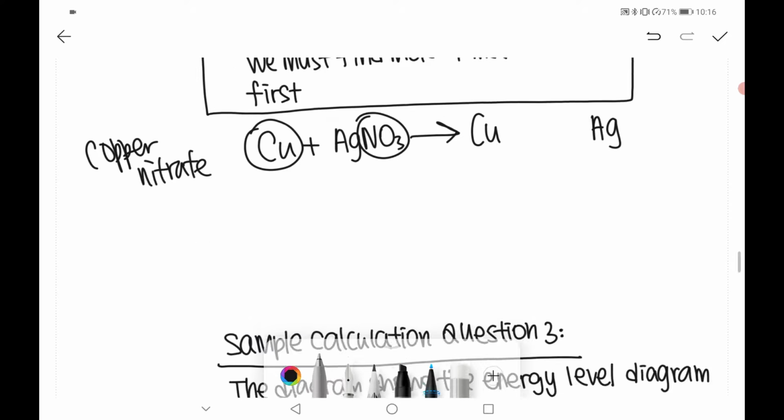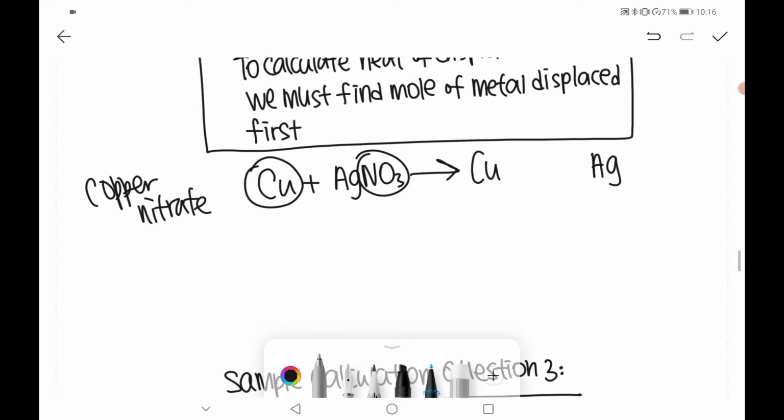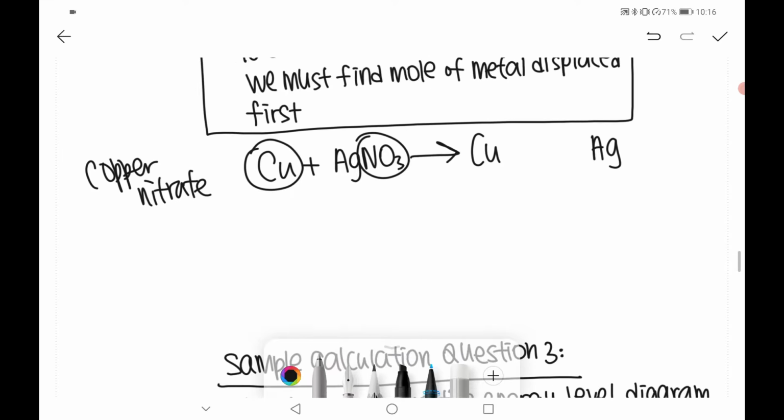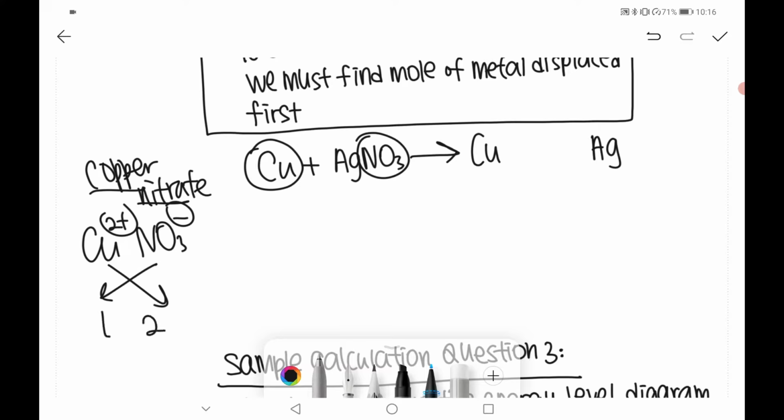So we need to predict the formula for copper nitrate. Copper is Cu2+, nitrate is NO3 minus. The charges are different, so as we learned in Form 4 Chapter 3, we do the cross method, and we get Cu(NO3)2.